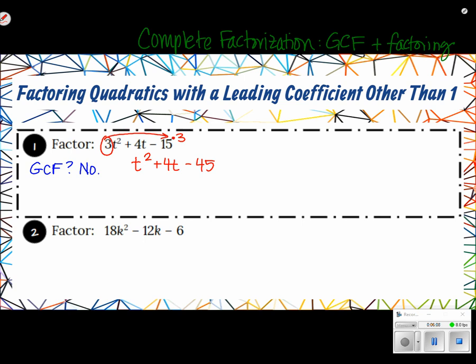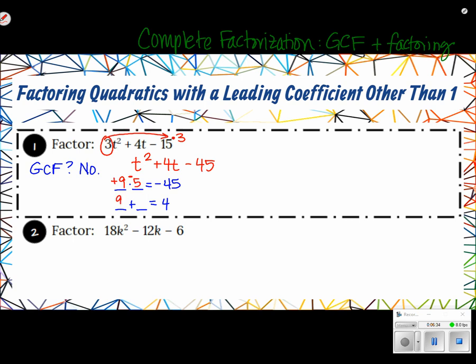Now we're ready to factor, so this should bring back what we did yesterday. So I've got blank times blank equals negative 45, blank plus blank equals 4, and I want to factor like normal. So I'm going to think about what multiplies to give me negative 45, adds to give me 4. I'm thinking negative 9 and positive 5. Oh, not negative 9, positive 9, negative 5.